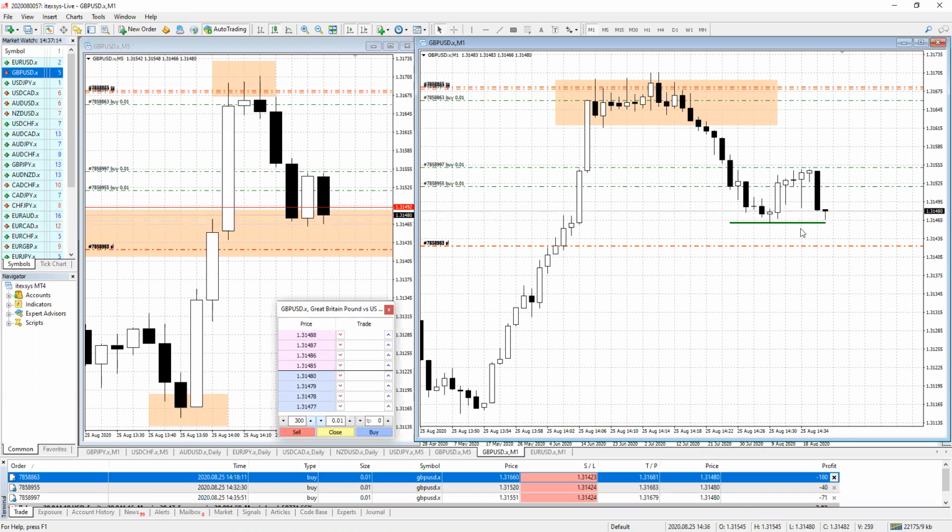And this is the decision point, because if this support doesn't hold, we might see continuation to the downside, and we want to be out of the trade. We had all this buying pressure that failed.